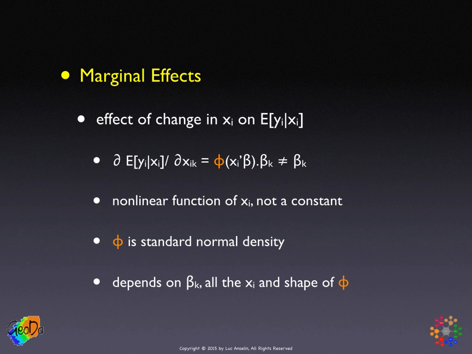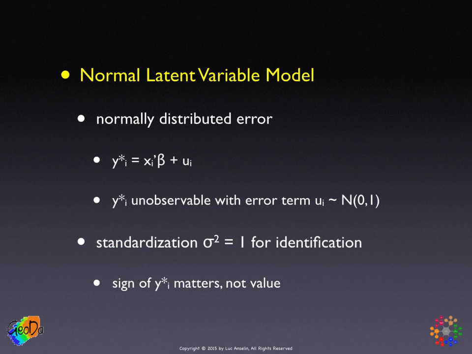So then we go back to our linear regression in a latent variable model, and the Probit model is a normal latent variable model where we now specify the random error u sub i as following a standard normal distribution. So everything is the same as before.